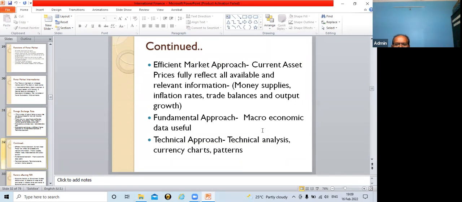So the overall market of these different commodities. Are you getting my example? Are you understanding? Please share your response. Why this fundamental approach is based on macroeconomic, and what is macroeconomic, and why this data is useful?